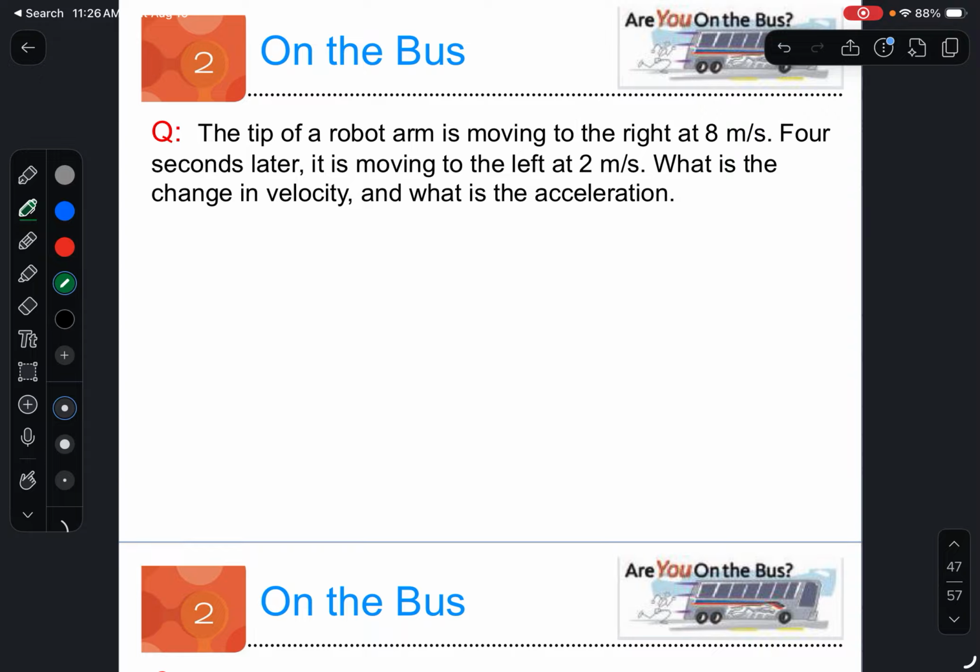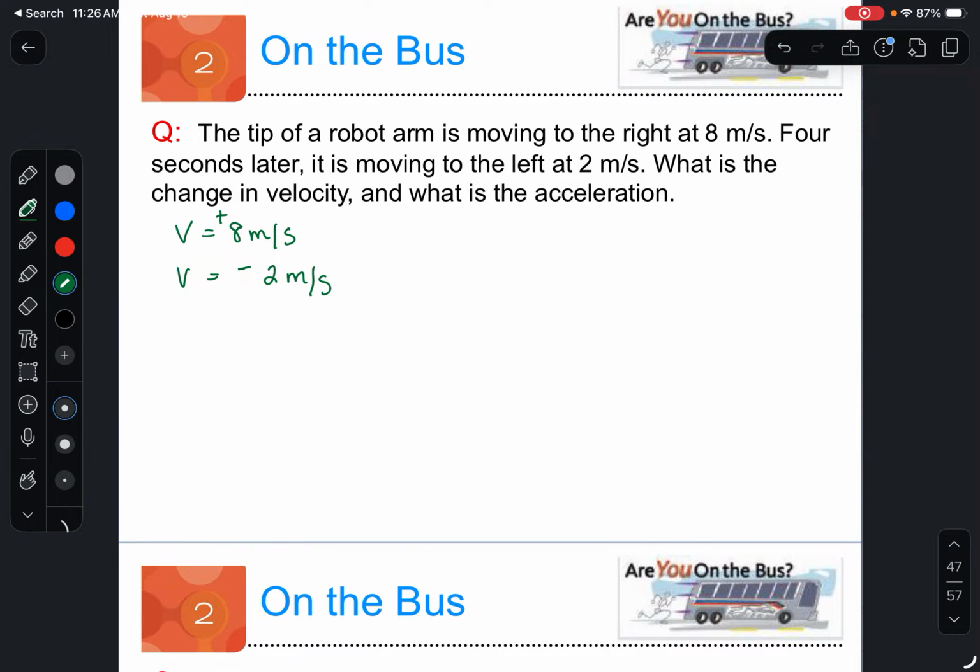In this one, we're told the tip of a robot arm is moving to the right at 8 meters per second. So we know our velocity is 8 meters per second, and because it's moving to the right, we're going to put a plus. 4 seconds later, it is moving to the left, so we're going to put a negative, at 2 meters per second.